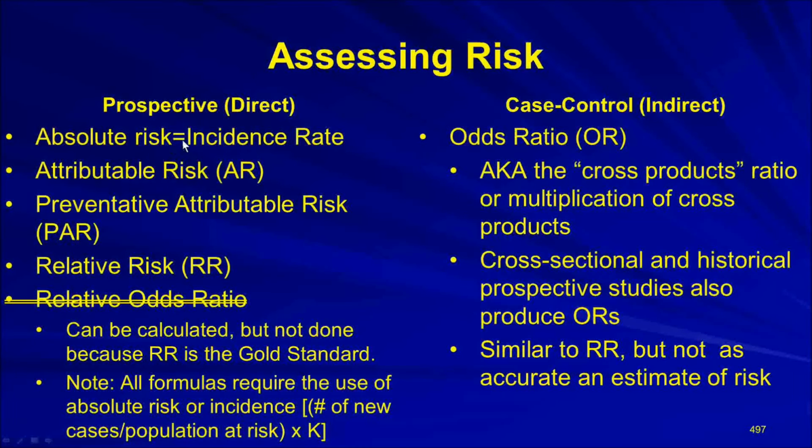And frequently when we talk about incidence rate, it is not listed. Absolute risk is. So you have to know that absolute risk means incidence rate. And attributable risk is the amount of risk attributed to the exposure. And preventive attributable risk, it has to do with if people didn't engage in the behavior, how much risk would there be?